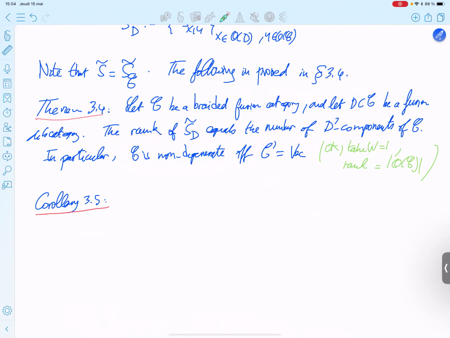Now we want to characterize the non-degeneracy not of C, but of a fusion subcategory D. We take a fusion subcategory D. So what is the characterization for that to be non-degenerate? And it will be immediate from the previous theorem, the last sentence of the previous theorem. So let's see.